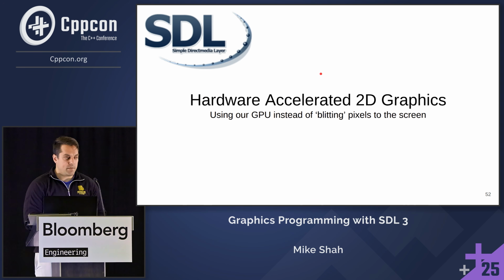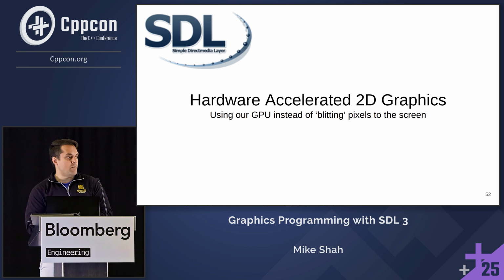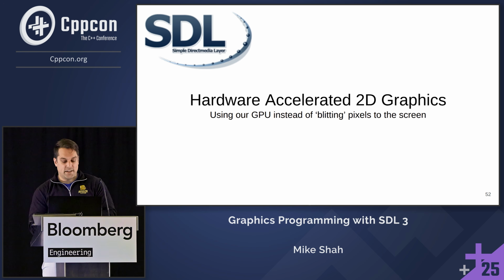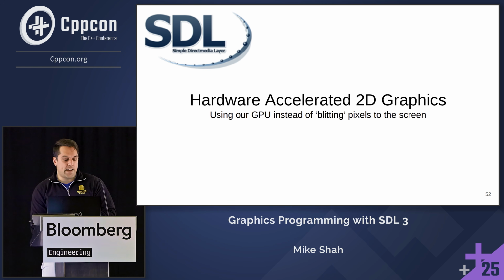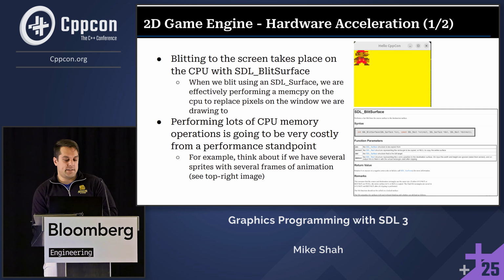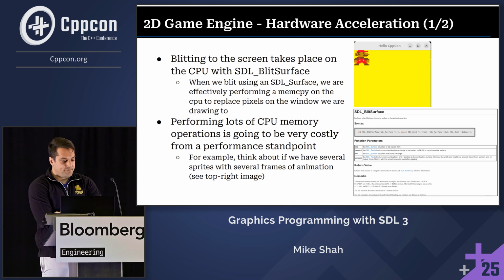Okay, but again, we are in 2025. We have nice GPUs in most of our devices, even our phones. So let's use our graphics card instead of just blitting or mem copying pixels to the screen. And there might be reasons to do that sometimes, but let's take advantage of the hardware that we have, right? We paid good money for it.